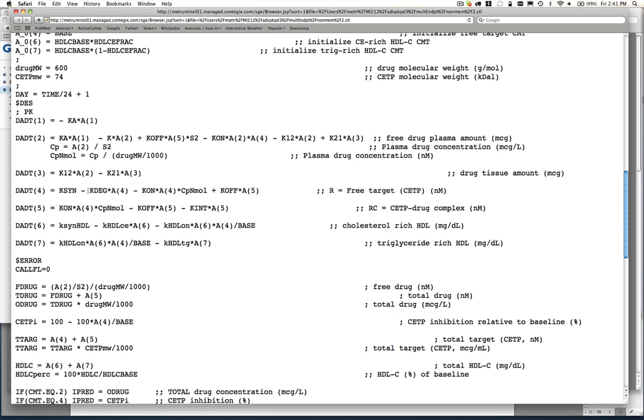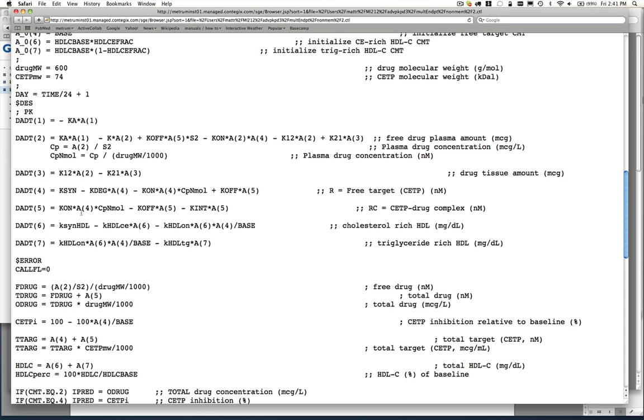And so this is the synthesis rate of CETP, the degradation rate of CETP, and then when drug is around, you get, again, this on rate to the formation of the complex, and then the dissociation from the complex as well. This DADT5 describes the complex itself.